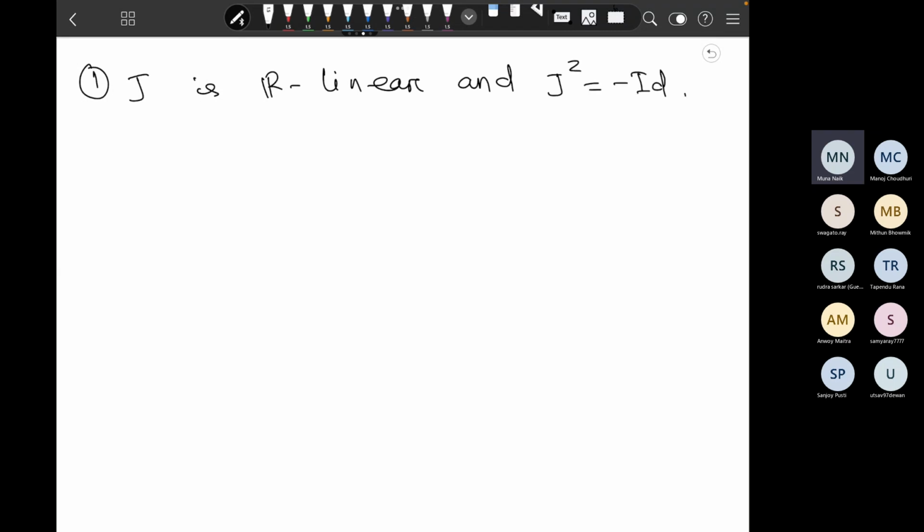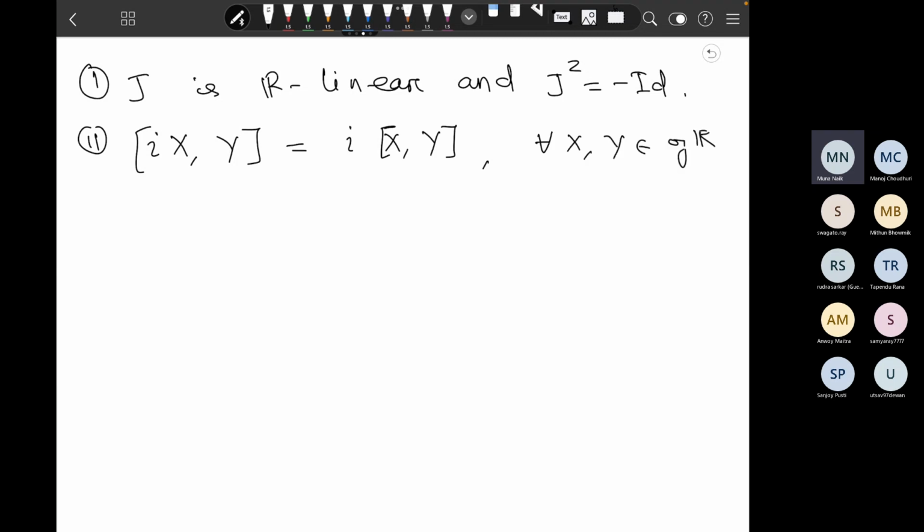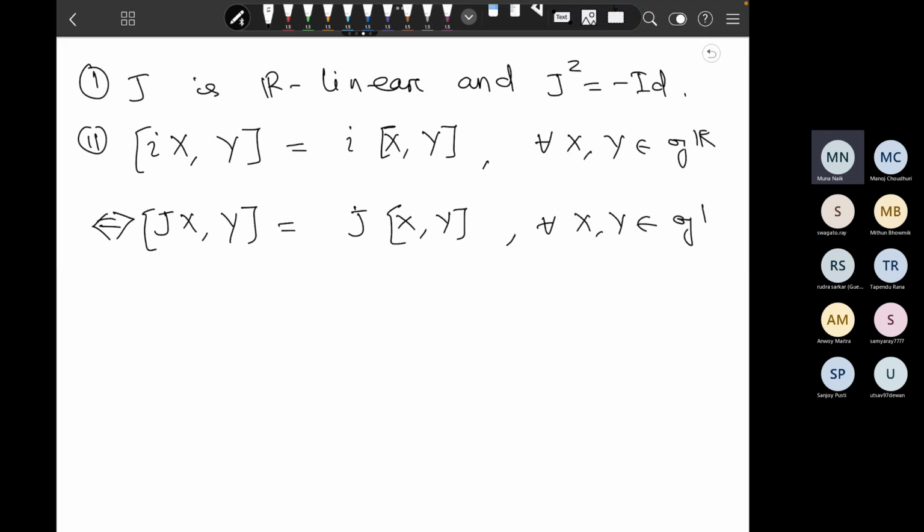Second thing, if you look at this, the bracket of iX, Y is really i times the bracket of X, Y, for all X, Y belonging to G_R. I can write this as [JX, Y] = J[X, Y] for all X, Y belonging to G_R.